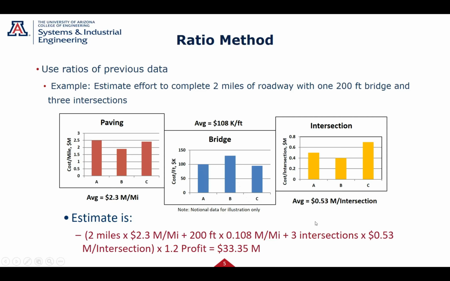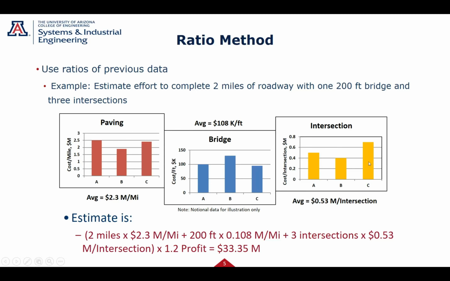They could refine that estimate. But if they come up much different than 33, based on my good averages from the past, I need a rationale. But at least I've got a rough idea what this job is. And if I know the customer doesn't even have this much money, I may not even spend the time bidding. So it just depends. The ratio method gives you another good way of doing it.